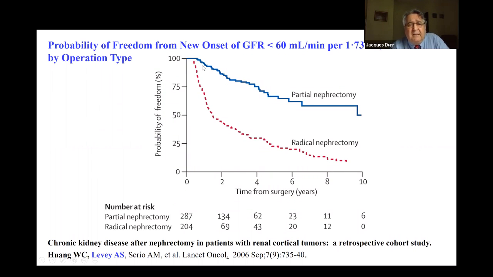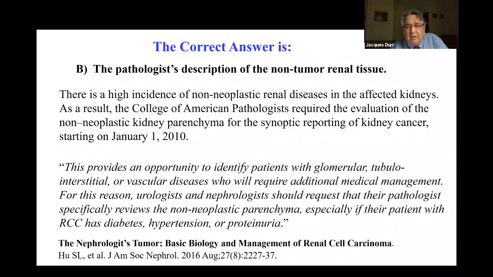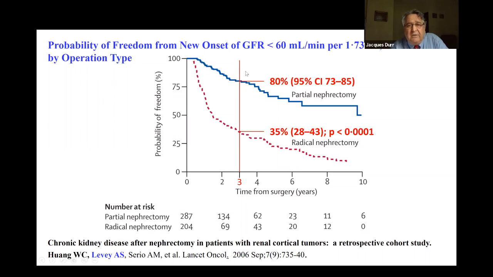Looking at the follow-up on those patients, those with partial nephrectomy as compared to those with radical nephrectomy were free from risk of having new onset renal failure at, for example, 3 years. At 3 years, they were 80% free versus those who had radical nephrectomy, who were much less free from going into renal failure.